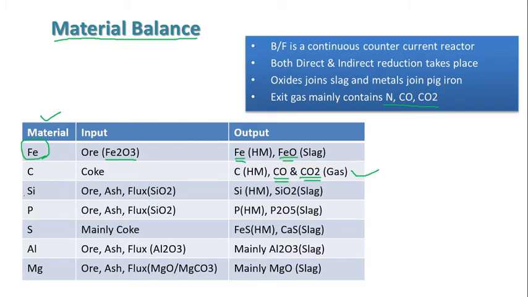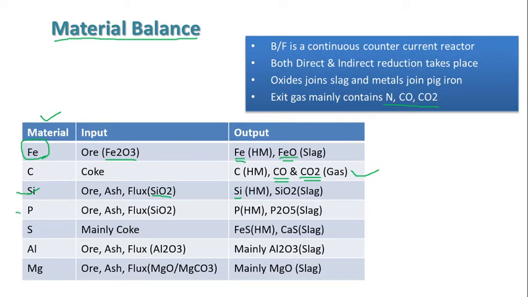And regarding silicon, silicon comes from either ore or coke. After burning, it produces ash from which SiO2 is there, and flux in the form of SiO2 also. This silicon may join the hot metal or pig iron, or may join the slag in the form of SiO2.